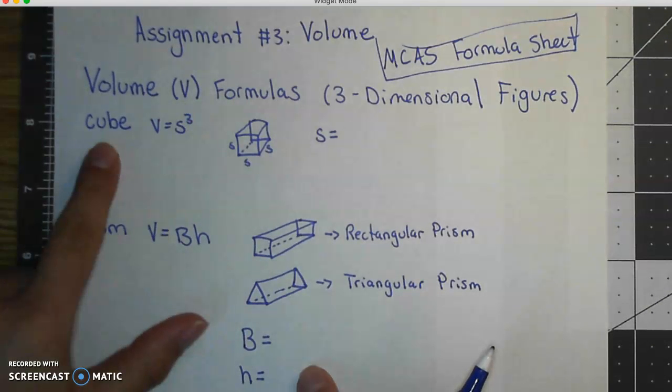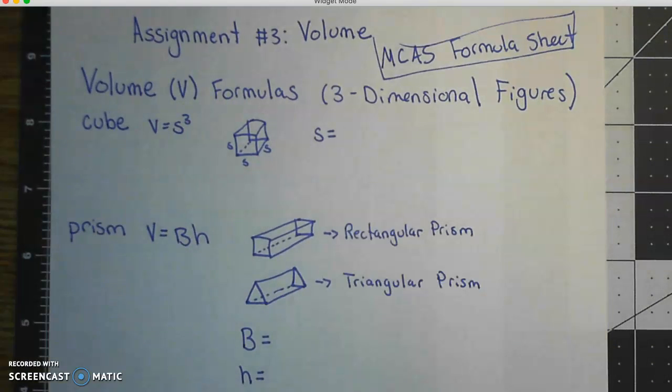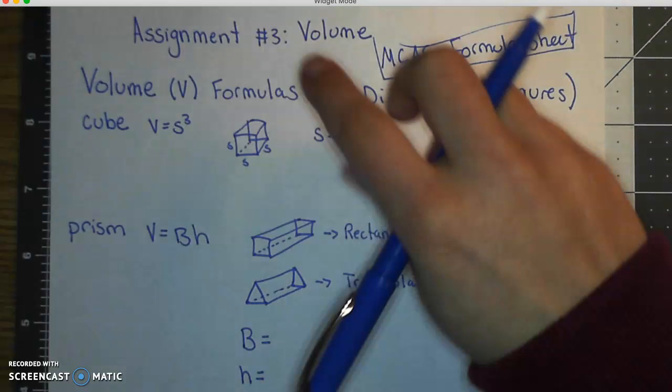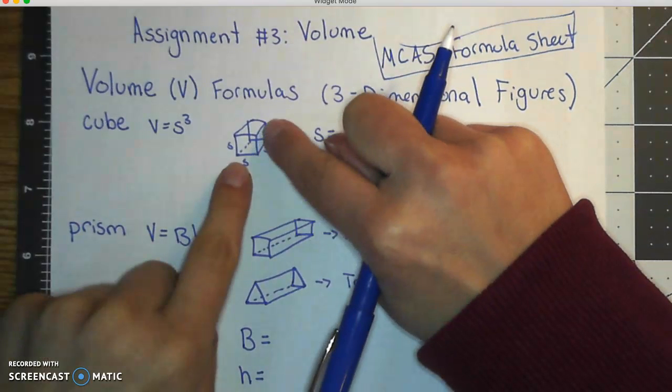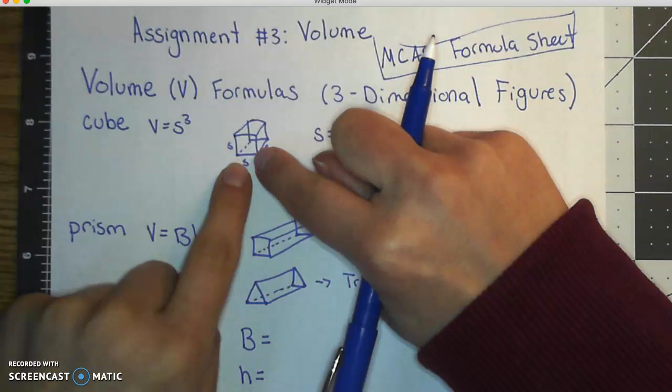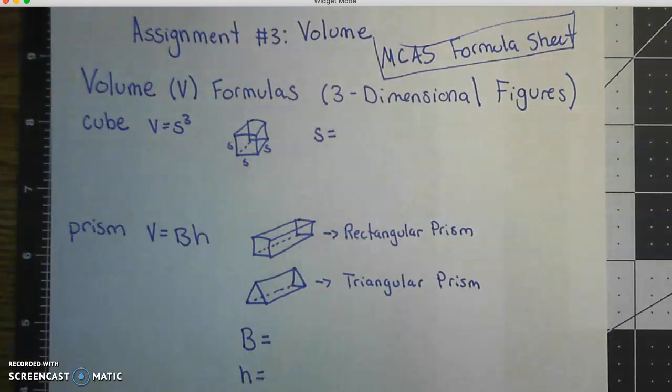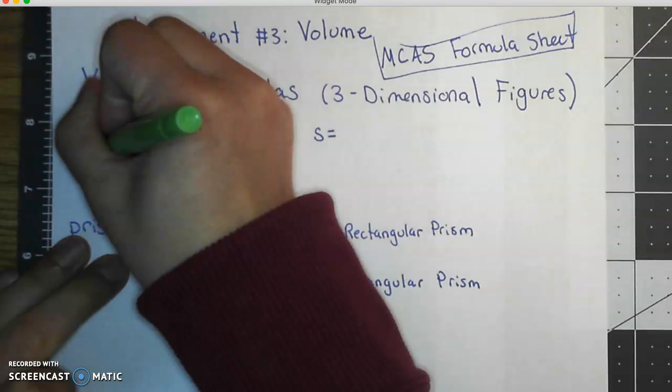The first is a cube. I tried to draw these pictures. Some of them are good, and I gotta be honest, some of them are terrible. But a cube is like this. All the sides are squares, it has 6 square sides.